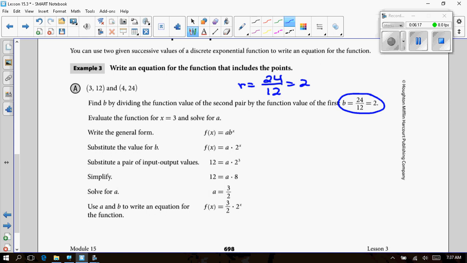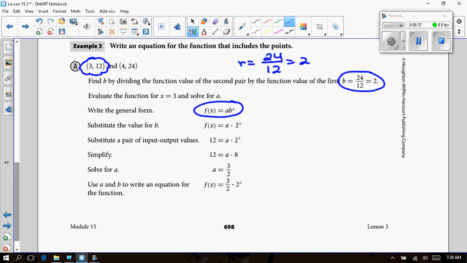So what we can do is we can plug one of these 2 points, right, either (3, 12) or (4, 24), into the function. So I'm going to choose to plug in (3, 12). I could easily put (4, 24) in. It's not an issue. So I'm going to take (3, 12) and I'm going to drop that in.